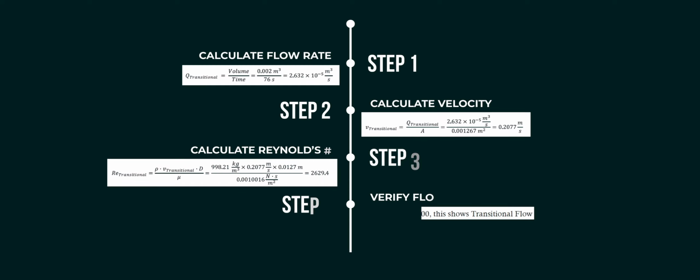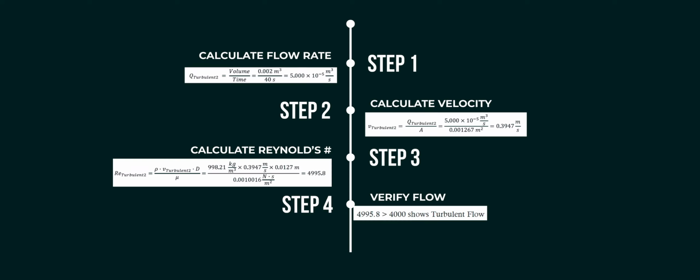Now for the transitional flow calculations, in the video that you just saw, it took 76 seconds to fill up a 2-liter container. That gave us a considerably faster but still pretty slow velocity of 0.2 meters per second, which gave us a Reynolds number of 2,629, which is in the transitional flow range between 2,000 and 4,000-ish.